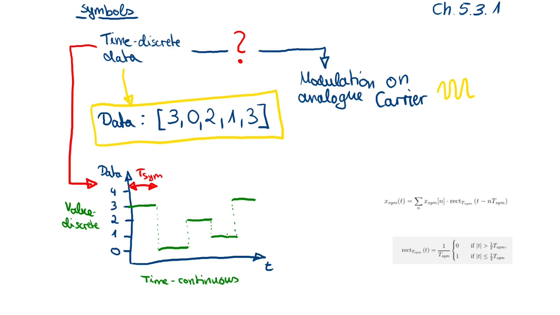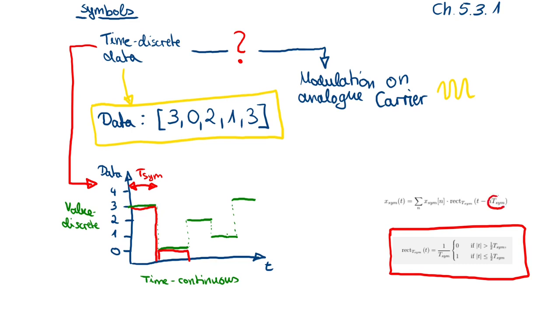Yeah, so what's actually behind those symbols is a rectangle function. The rectangle function is formally defined by this equation here, and each symbol is a rectangle function which is shifted in time here.